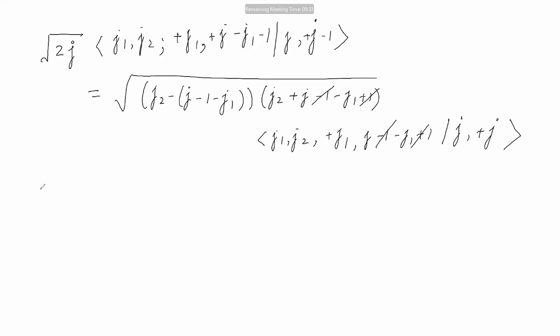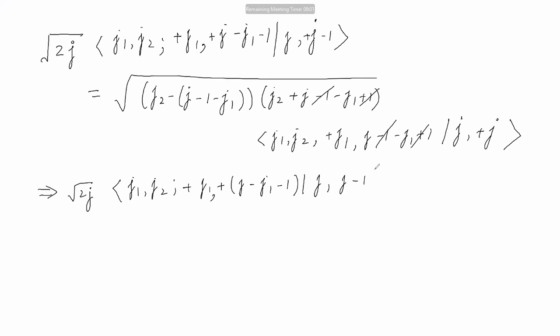We can write this as root 2j, j1, j2 plus j1, plus j minus j1 minus 1, j minus 1.